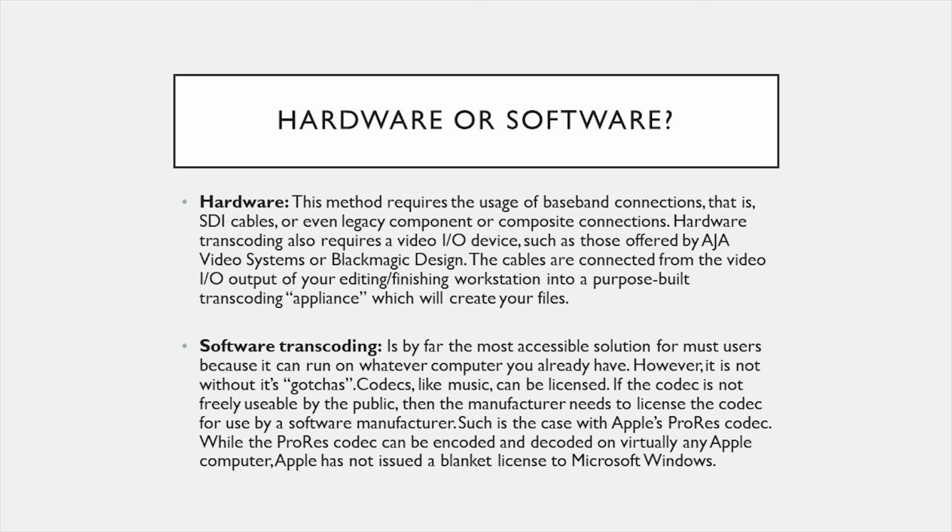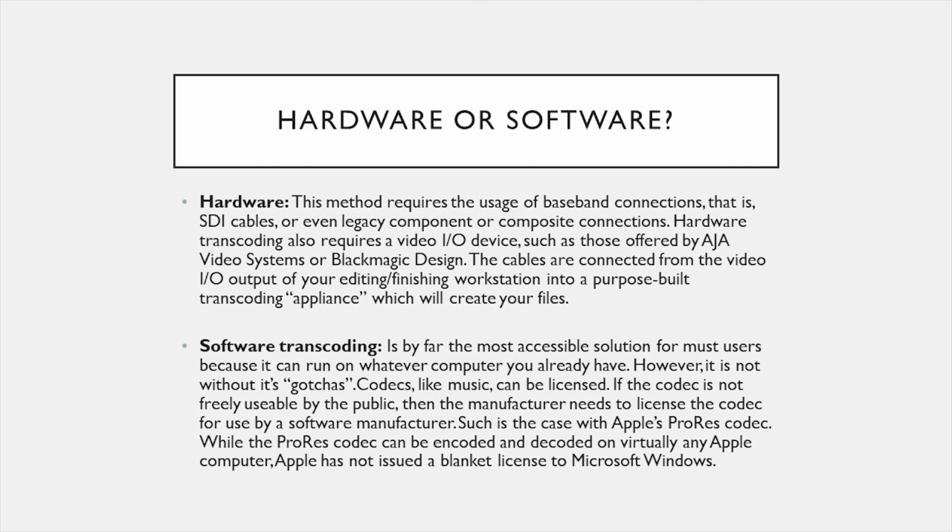Software transcoding is by far the most accessible solution for most users because it can run on whatever computer you already have. However, it is not without its caveats. Like music, codecs can be licensed.